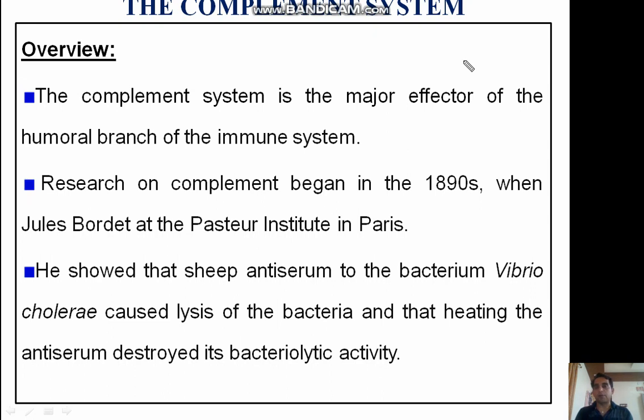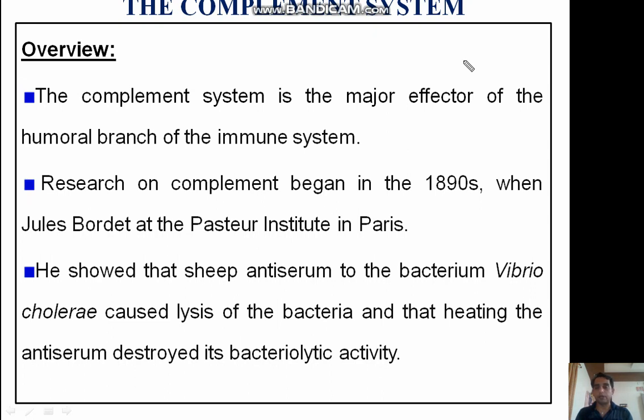The complement system was discovered in the 1890s by Jules Bordet at the Pasteur Institute in Paris. He observed that the antiserum isolated against the bacterium Vibrio cholerae was able to cause lysis of bacteria.